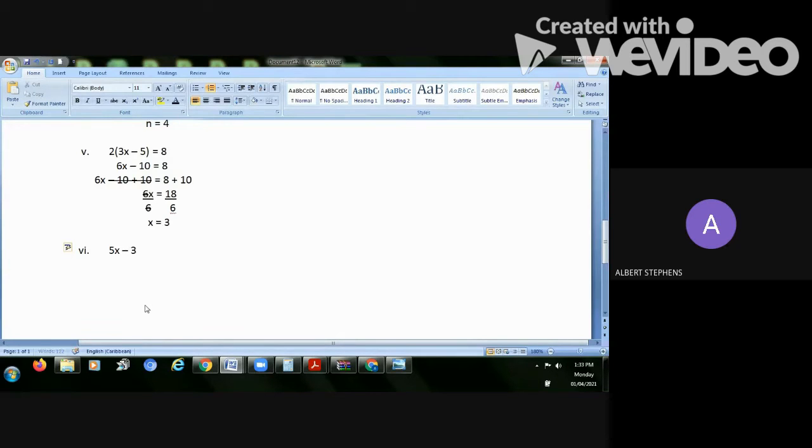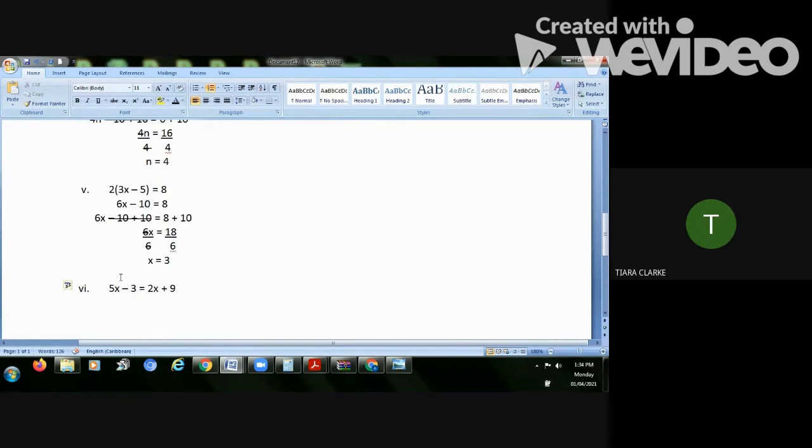5x minus 3 equals 2x plus 9. So it gets a little tricky right here. What do you know about this question? We have plus and subtract. Okay. Yes. What else?